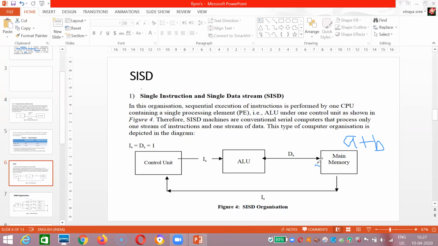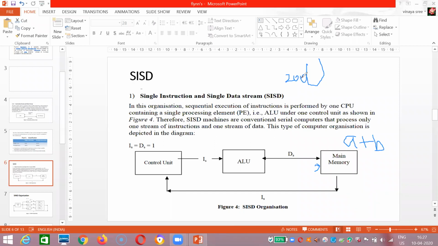So after fetching an instruction, I will repeat once again so that you can understand clearly. Let us consider initially the program counter. Remember, what is the program counter? It stores the address of the next instruction. Yes, the program counter stores the address of the next instruction.